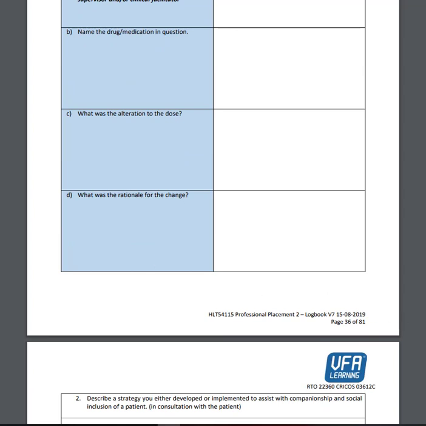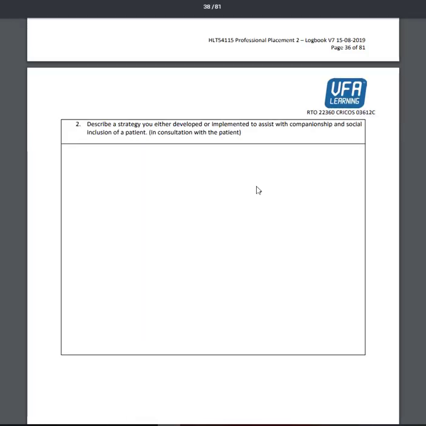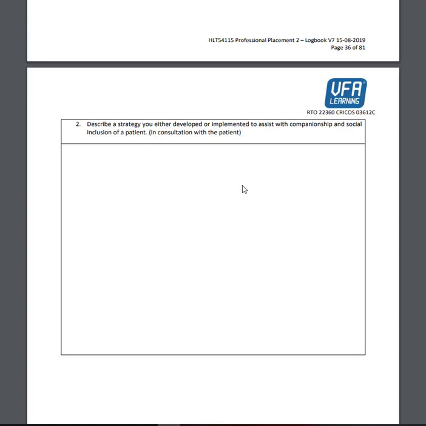make that change. The next question is, we want you to explain a strategy that you implemented for your resident to help assist with companionship and social inclusion for them. We know that these are very important factors for both physical and mental well-being. So we know that the mental benefits can be an increased sense of purpose.